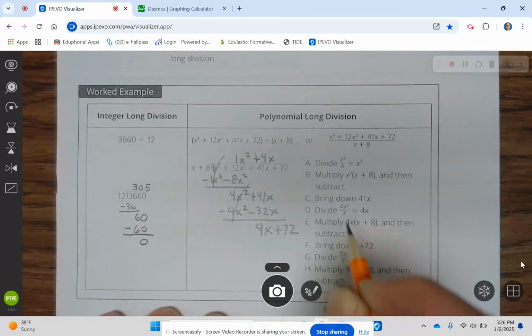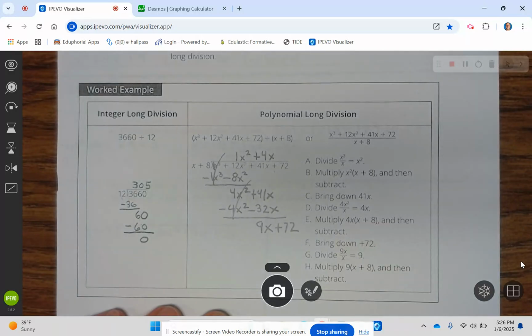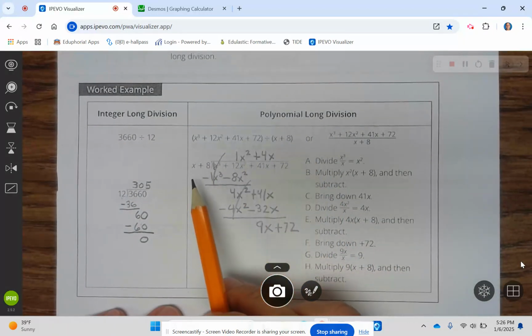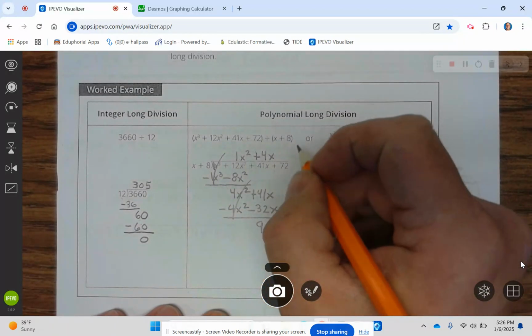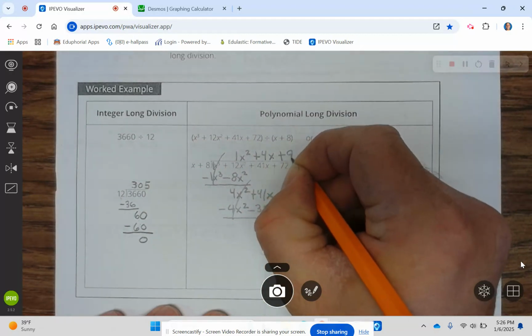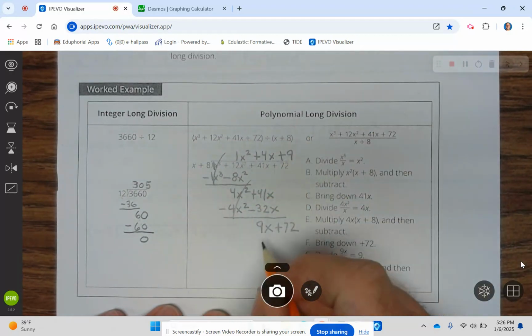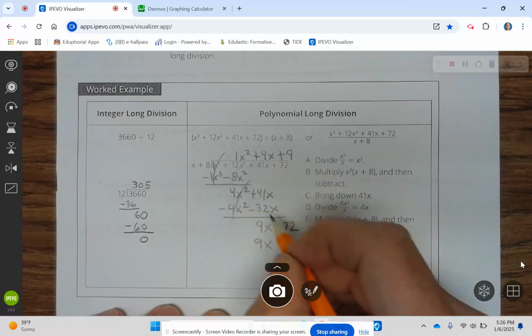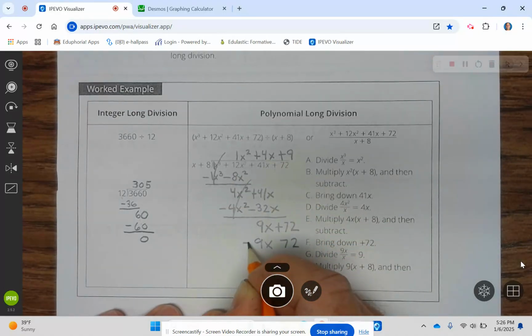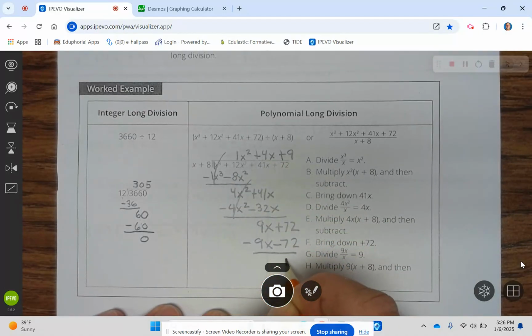Bring down the plus 72. And then we ask ourselves, what do we multiply x by to give us 9x? The answer to that is plus 9. And now we multiply. 9 times x is 9x. 9 times 8 is 72. Subtract. Remainder is 0.